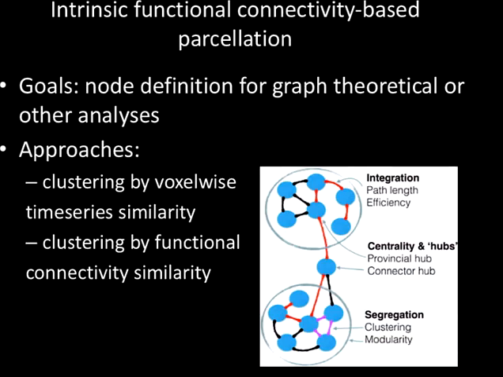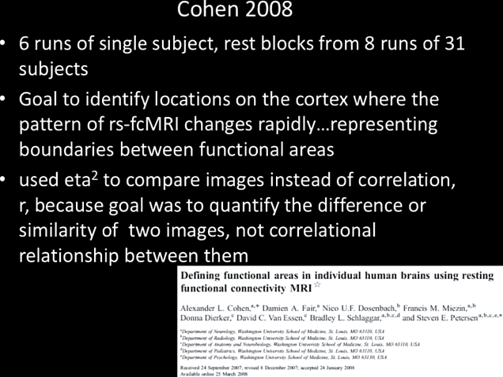So if you take whatever your voxels are in the brain and create a correlation matrix of ROI to ROI connectivity, or voxel to voxel connectivity, and you group them together by their similarity in the functional connectivity profiles, that would be the method that we've seen a lot of, and I'll go over some of the approaches today.